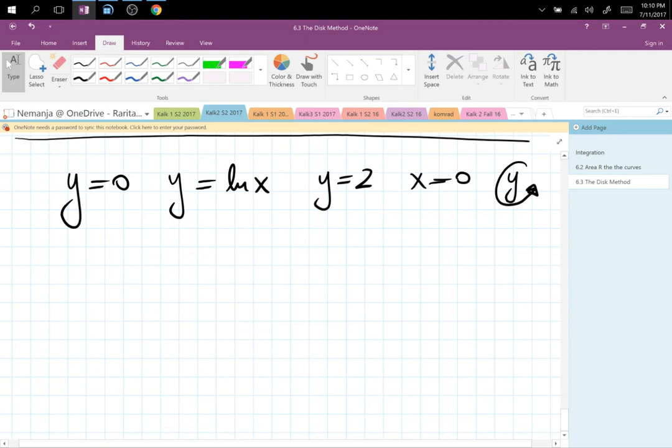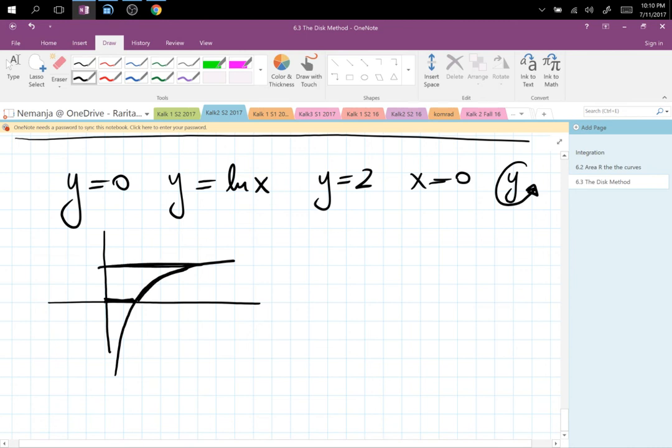All right, so we graph this first. We have y equals 0, y equals 2, y equals ln x, and x equals 0, which creates this region here. And then we rotate that on the y-axis.